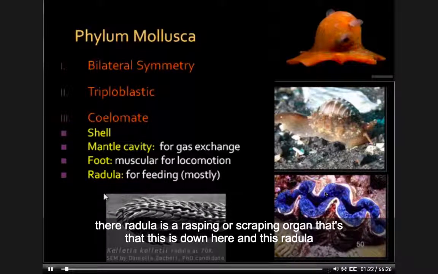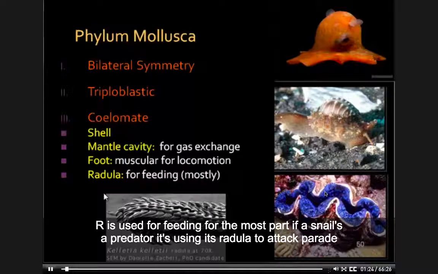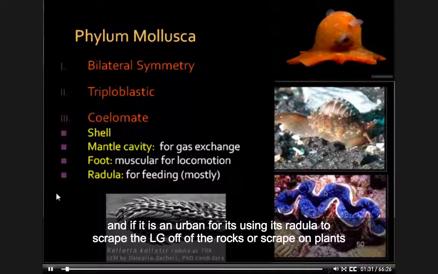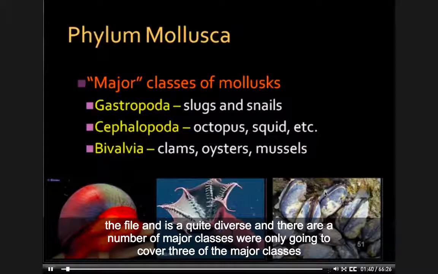This radula is used for feeding for the most part. If a snail is a predator, it's using its radula to attack prey. And if it is an herbivore, it's using its radula to scrape the algae off of the rocks or scrape on plants.